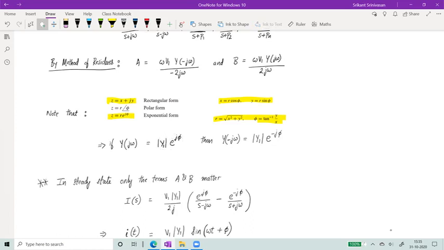Now I know that Y of minus j omega, because I'm replacing plus j with minus j, is exactly the complex conjugate, right? Because from complex numbers, a plus ib is the complex conjugate of a minus ib. Just put a star.